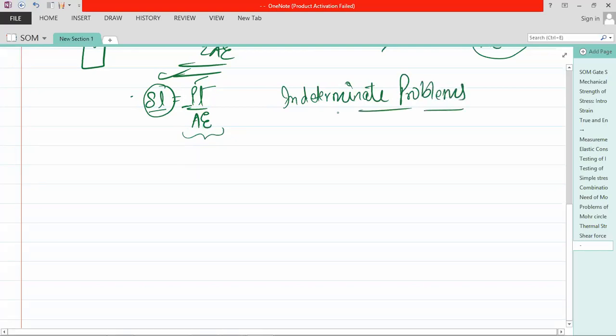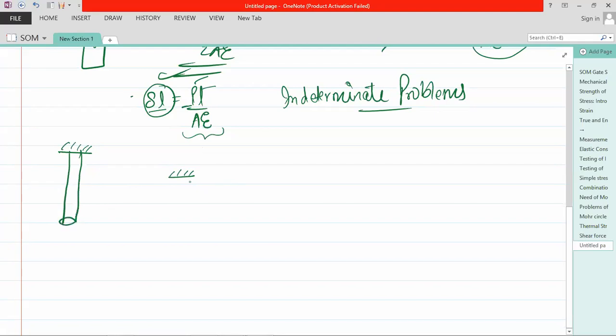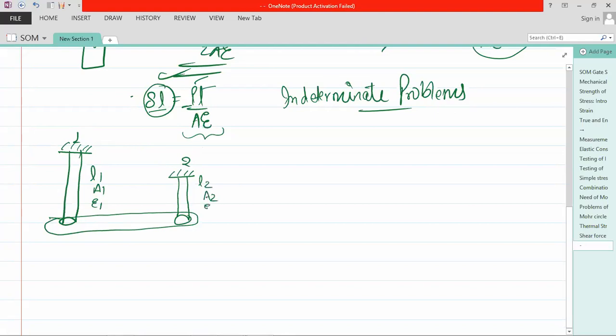Okay, now I'm giving you an example. Suppose you have a body with two parts, with properties length L1, A1, E1 for one part, and length L2, A2, E2 for the other, connected with a bar.